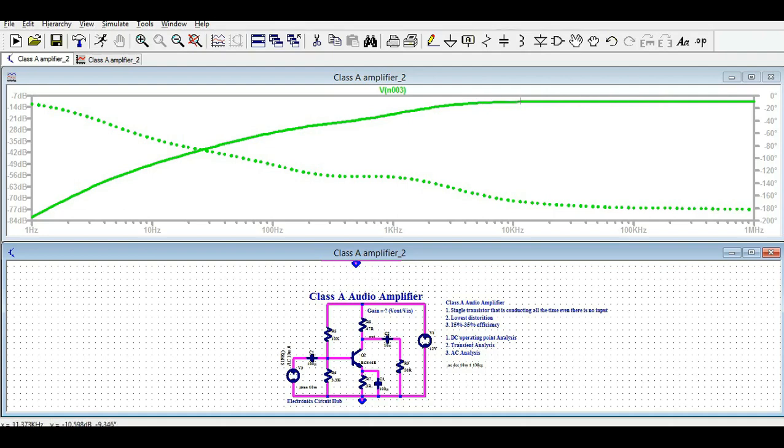At 10 kilohertz, your gain is minus 9.3, which is stable. After 10 kilohertz, your gain is increasing. At 1 hertz, your gain is minus 80 dB. At 100 hertz, it is minus 57. At 1 kilohertz, it is minus 28.